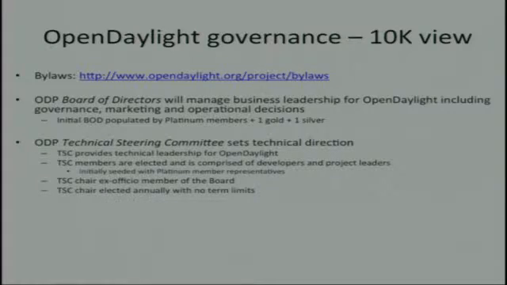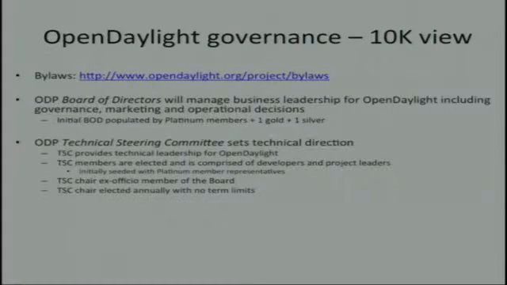Then there's a technical steering committee. This is where the technical decisions get made if they need to be, and it's also where release trains get defined. Now, in a mature open source project, you'd really want the technical steering committee to be comprised of the technical people from the main projects.